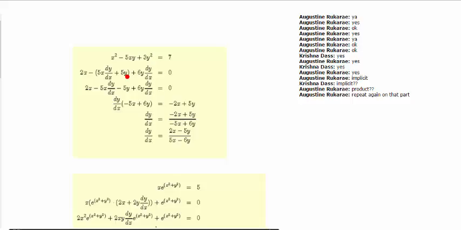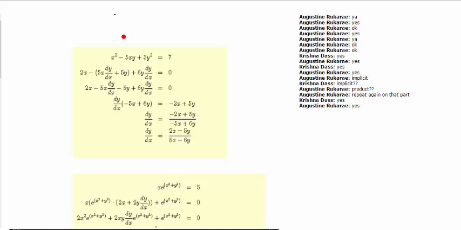you want me to repeat the product rule part, this part. Okay, so we have a function as 5xy, right? Now, since two functions have been multiplied together, which is x and y, I have to use product rule.